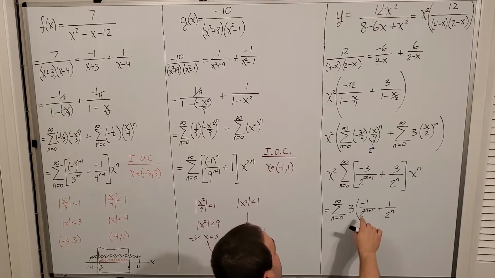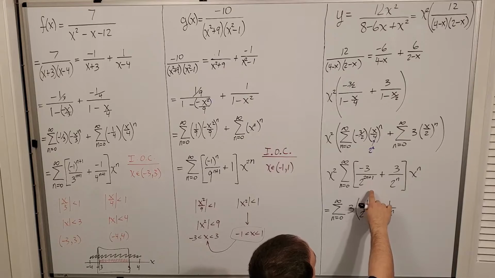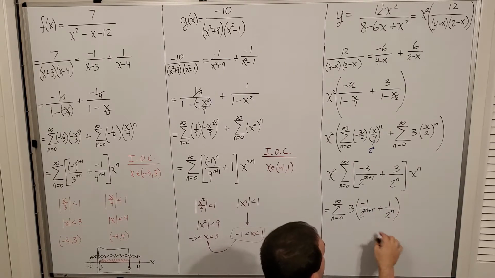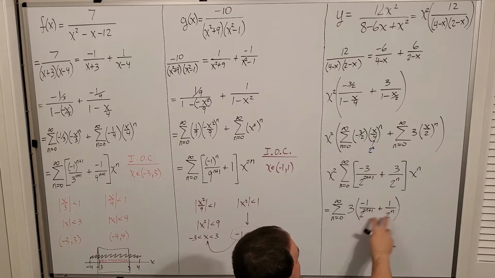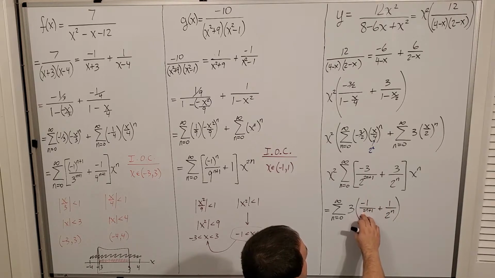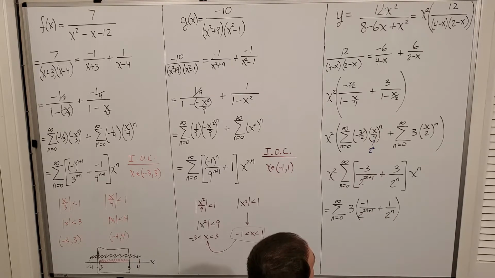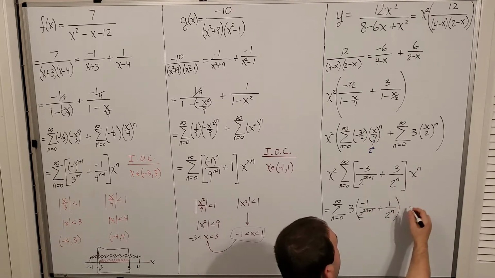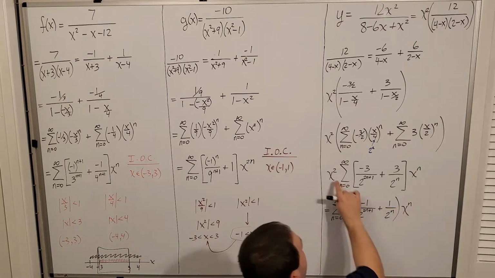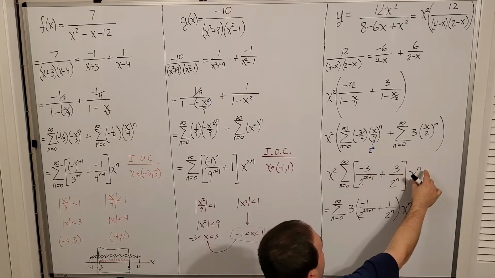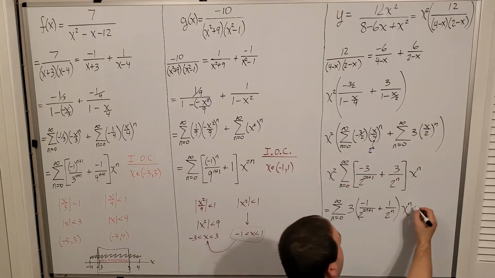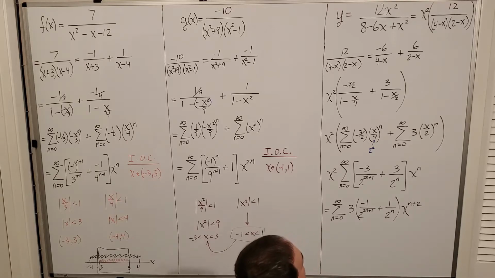You know what? We can actually... No, we can't. Let's leave it alone. Because that's 2 to the 2n, that's 2 to the n. That's not going to work out good for us. Just leave it just like that. This is 2 to the 2n plus 1 and 2 to the n. And then I've got x to the n, right? And then there was an extra couple of x's right here. I'm now multiplying those in. So I'm going to add the exponents, n plus 2.